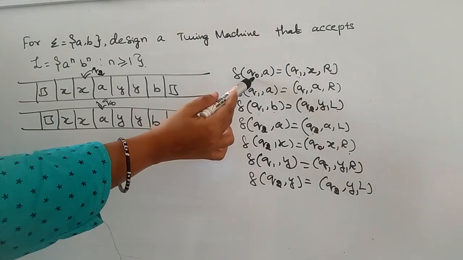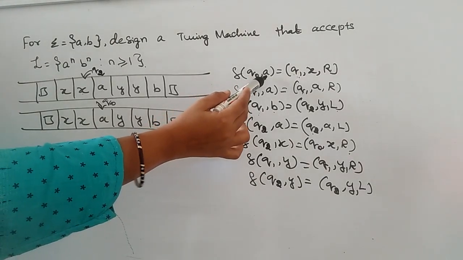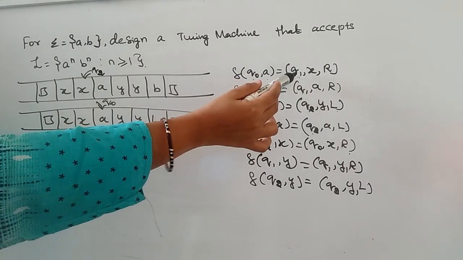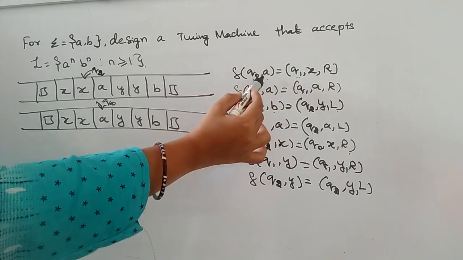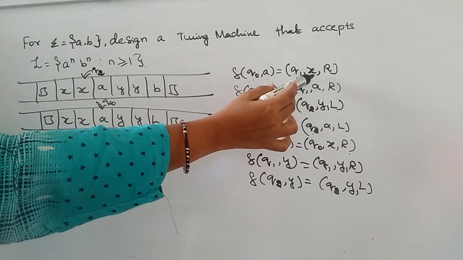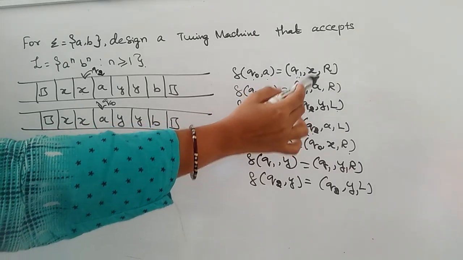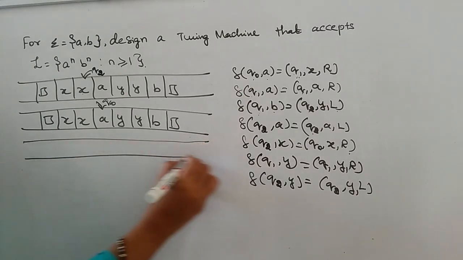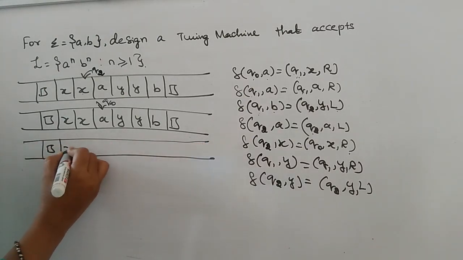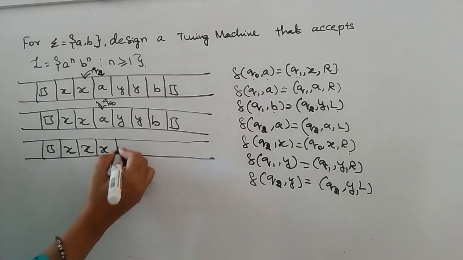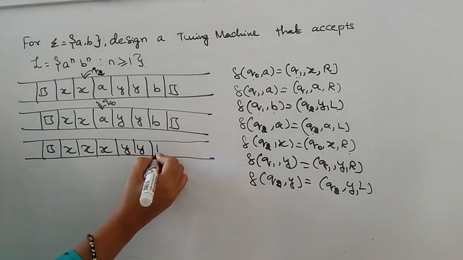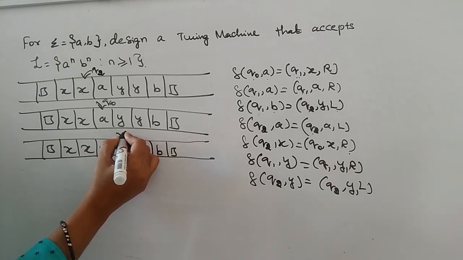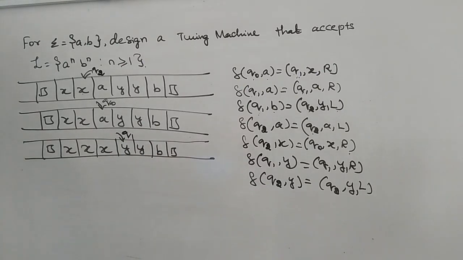If the machine is in the state q0 and the read write head is pointing to the symbol a, your machine will be shifted to the state q1 and a will be replaced by the symbol x and the read write head will be moved towards right. That same process we are just going to repeat here also. So x, x, x, y, y, b, blank symbol here, and here we will have the state q1.